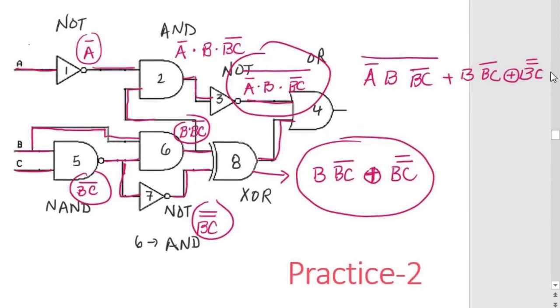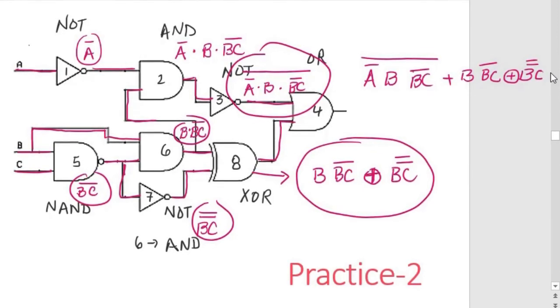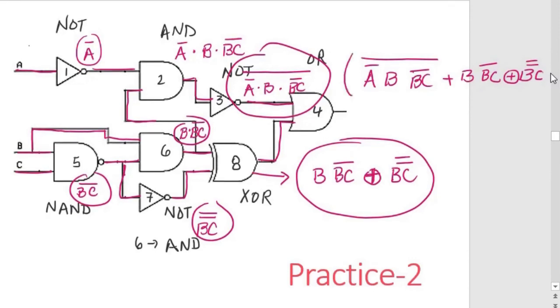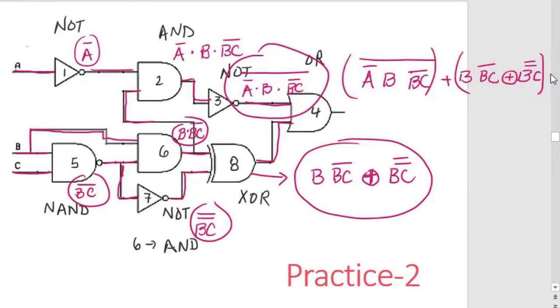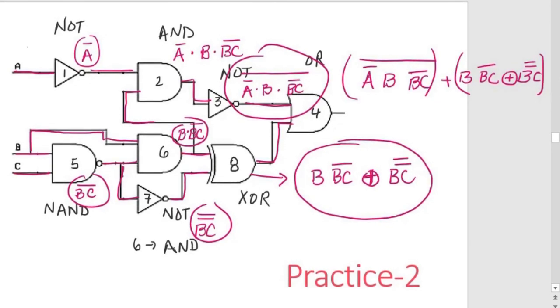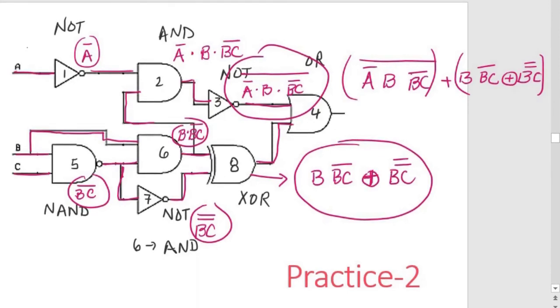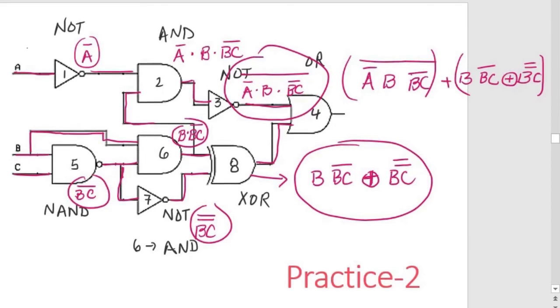And because of the order of operations and the fact that the OR gate will be last, I don't have to put brackets around these halves, but maybe you want to indicate for yourself that these 2 inputs came from separate chains, and then finally we run them through an OR gate. If we were finally running them through an AND gate, we'd have to be careful about indicating the brackets. But because OR is applied last, we don't need to in this case, but it doesn't hurt to over bracket.